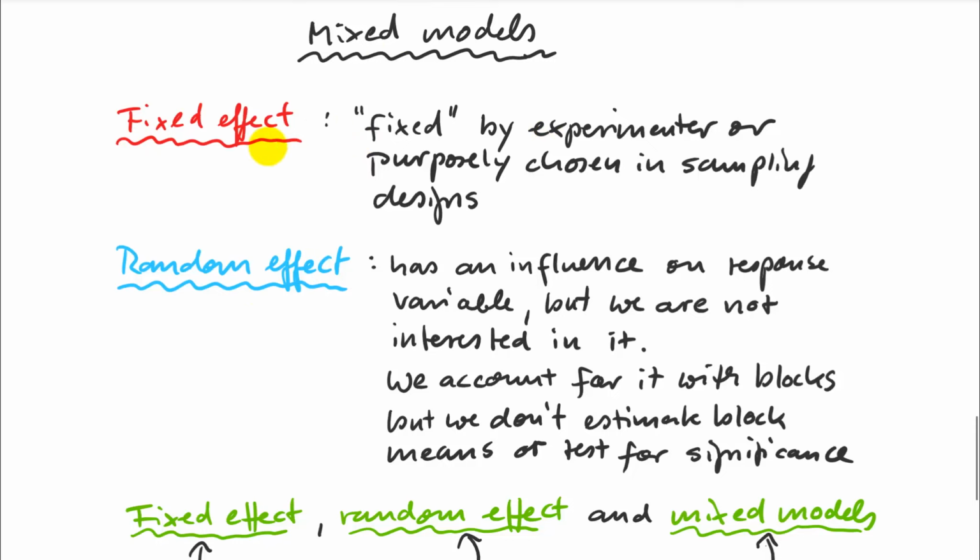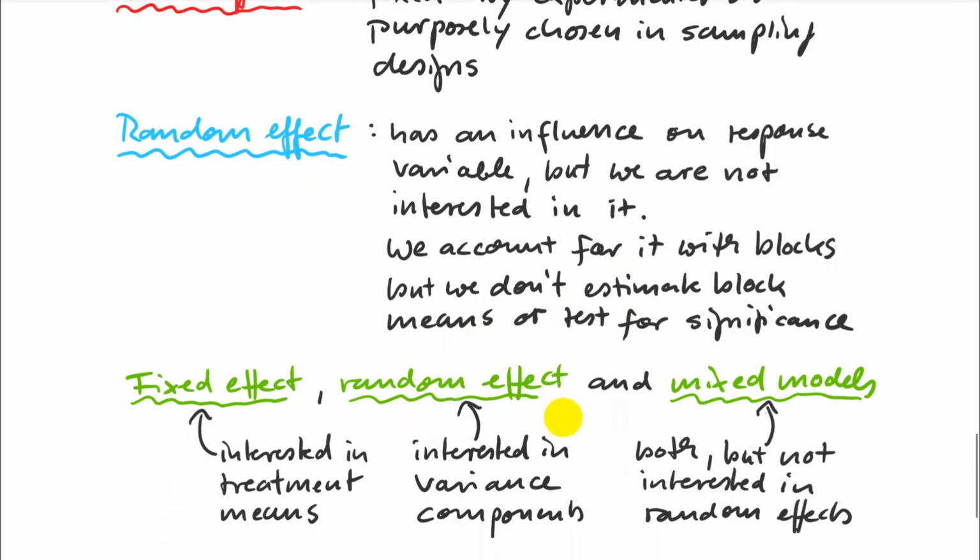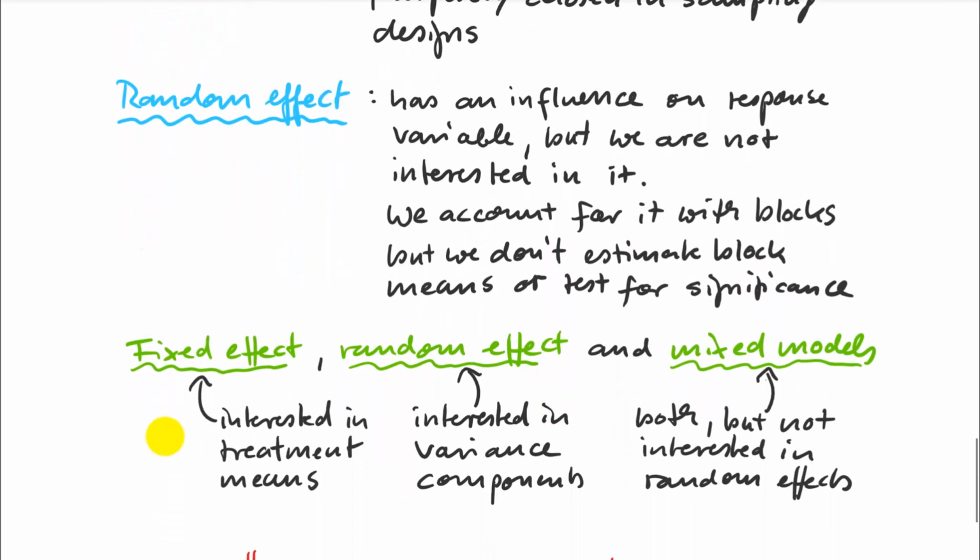So a fixed effect, that would be your regular treatment. It's fixed by the experimenter or purposely chosen in a sampling design. Your random effect has potentially an influence on your response variable, but you're not generally interested in it. So we account for it with blocks, but we don't estimate block means or test for significance. And so you can have fixed effect linear models, so you're just putting treatments in there that you're actually investigating.